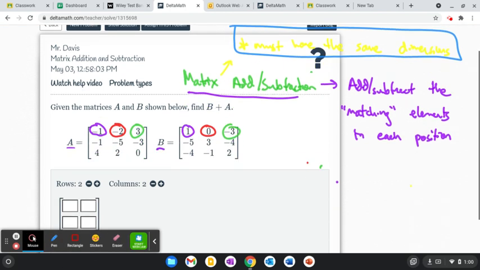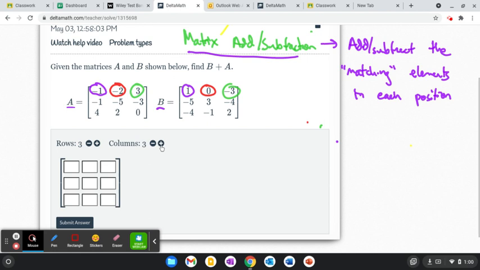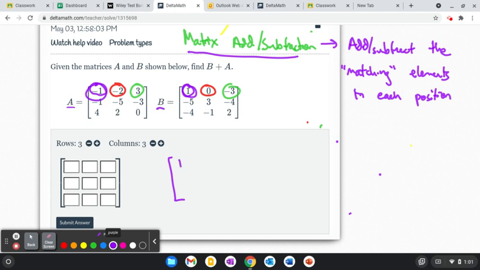So if we look at this, we've got two 3x3 matrices, right? So then our answer, which I'm going to go ahead and do first, add a row and add a column to this to make our answer also a 3x3 matrix. So when we add B plus A, the order isn't really important for addition, but for the sake of doing it right, I'll go ahead and write it here. We're going to do this one plus this one. So it's 1 plus -1 in that first entry, row 1, column 1.